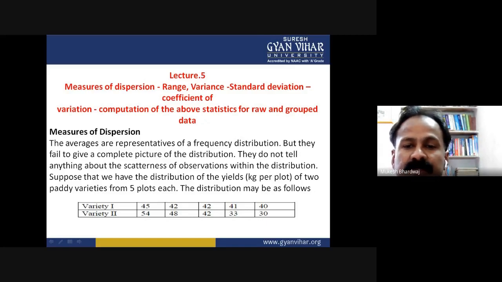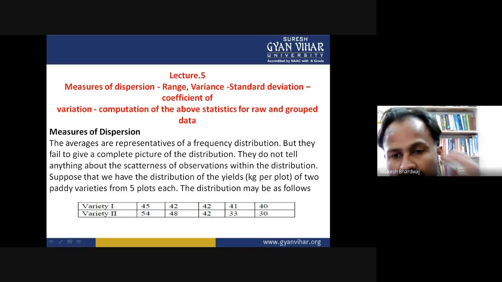The distribution may be as follows. Variety first and variety second in different 5 plots or in different 5 beds are given.